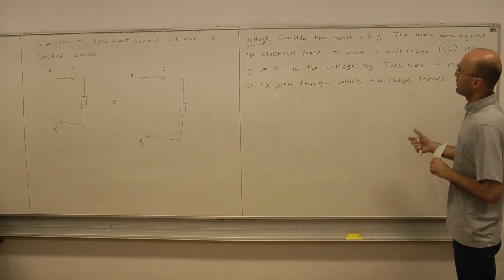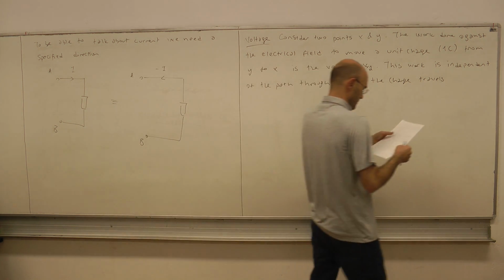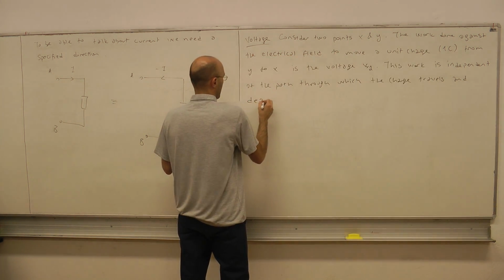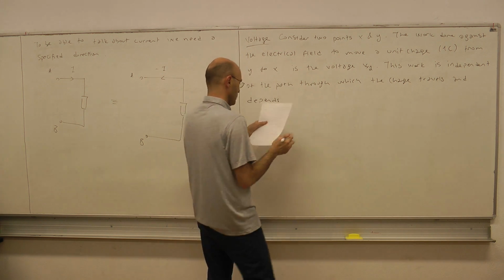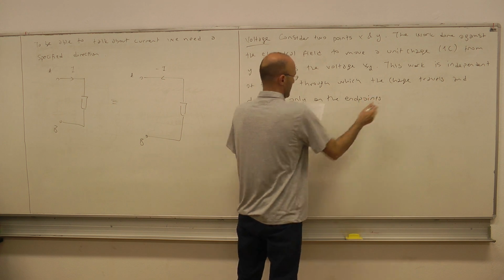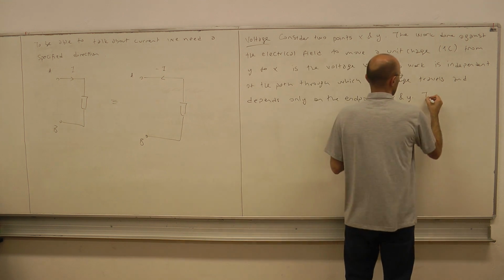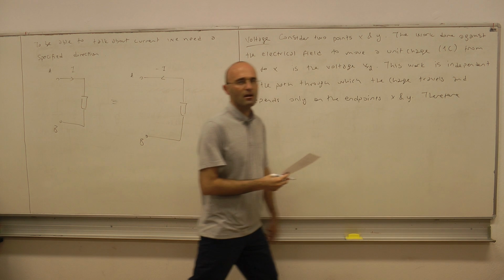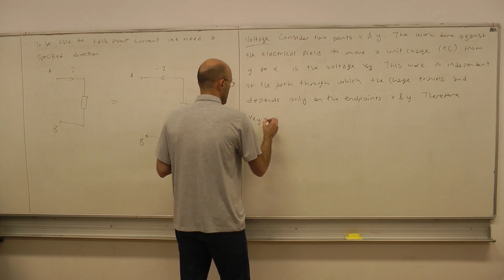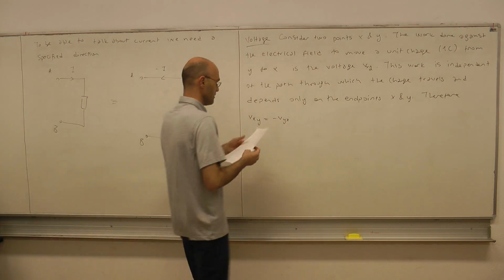Okay, therefore, voltage only depends on the pair of points through which we're defining it, endpoints X and Y. Therefore, an immediate consequence of this path independence is Vxy must equal minus Vyx. Okay, which is more or less obvious.